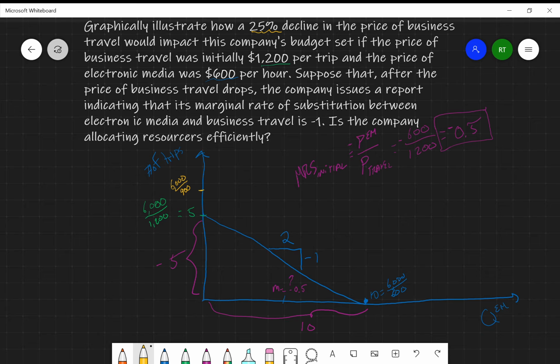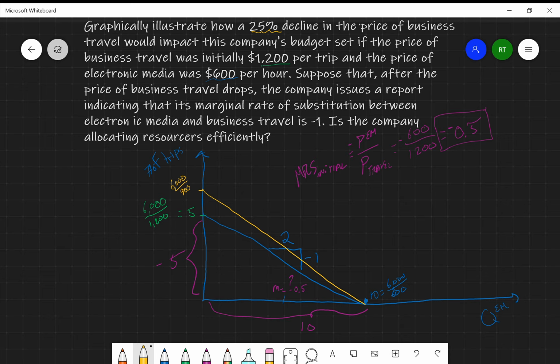So we're going to have a new budget line from here all the way down to there, and we can already tell that the slope is going to be greater. It's steeper, so more of a fall for every bit of run. But how much steeper is it going to be?